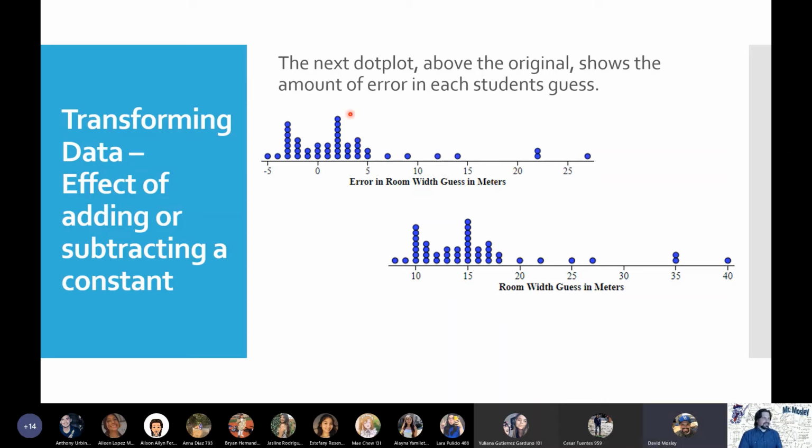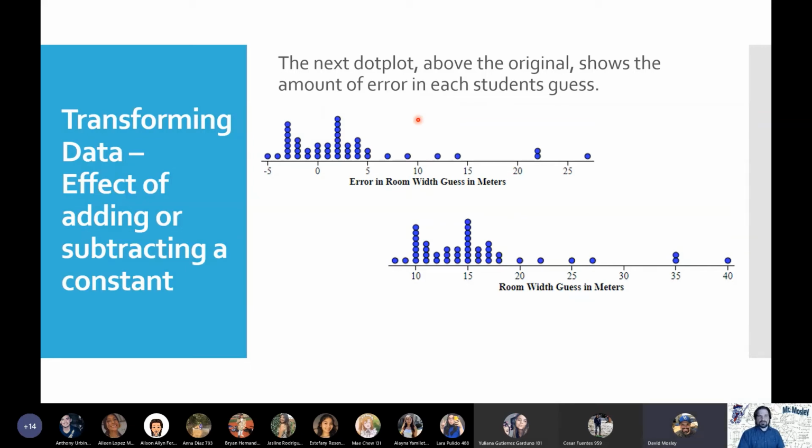With this calculation, it was possible to have negative numbers, because some people guessed too low, so their error was negative. And a positive number meant you guessed too high. So this is what our distribution looks like with the adjustment of subtracting the actual width from the student's guess.